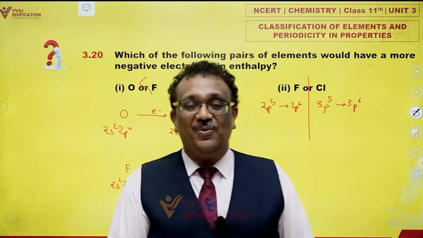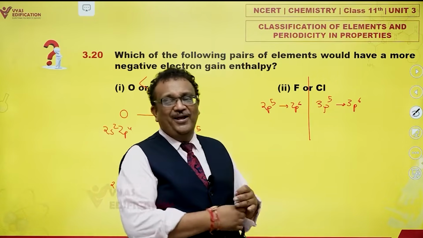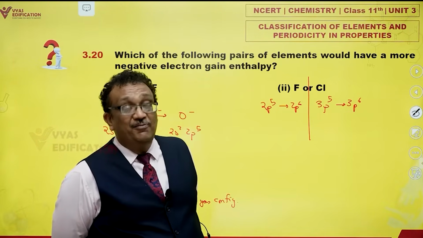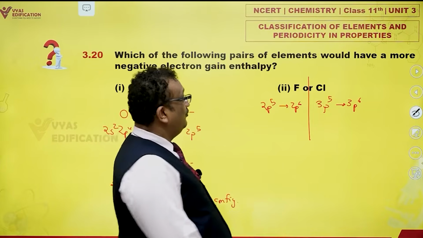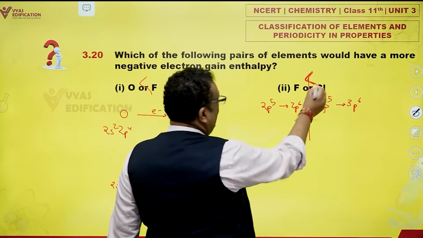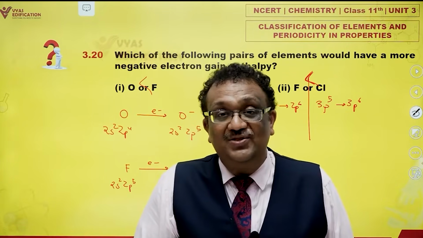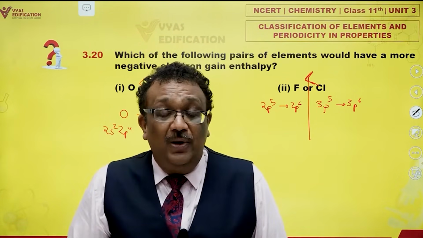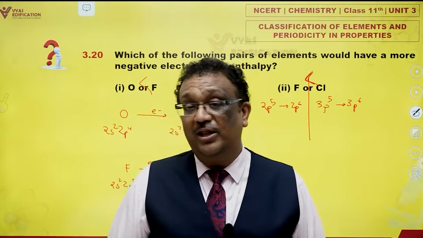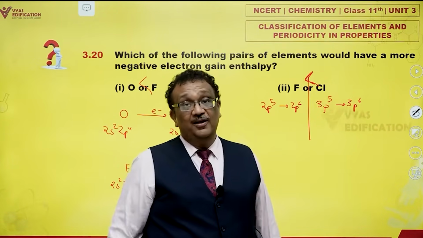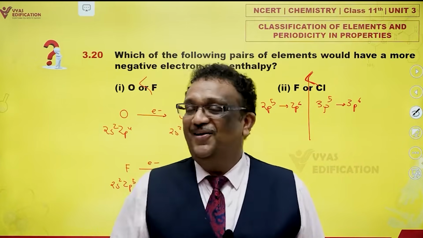And because this repulsion is somewhat decreased, Cl is not as bad, in fact much better as compared to fluorine, and you find the electron gain enthalpy of chlorine is more negative than fluorine. As a matter of fact, in this case, fluorine no longer gets the gold medal. The highest magnitude of electron gain enthalpy goes to chlorine. Fluorine gets the silver medal, not the gold. It is second highest.